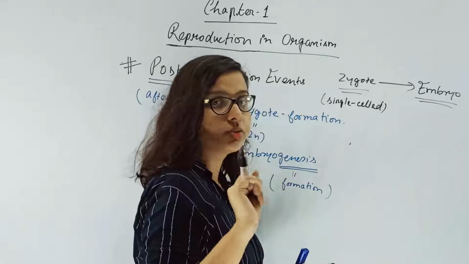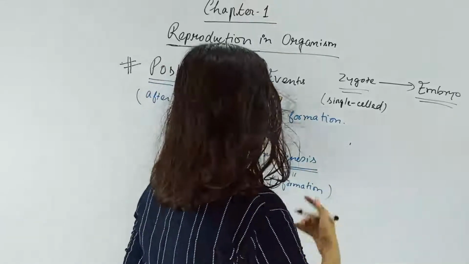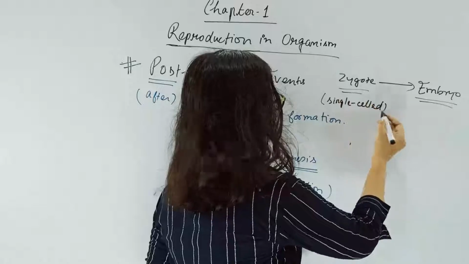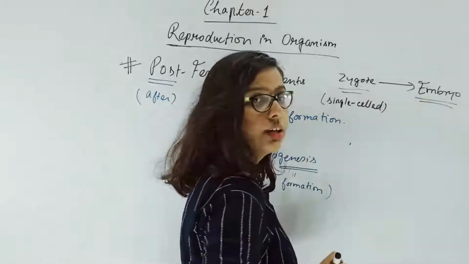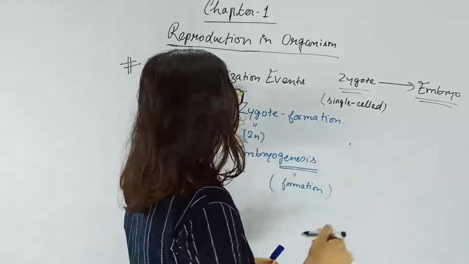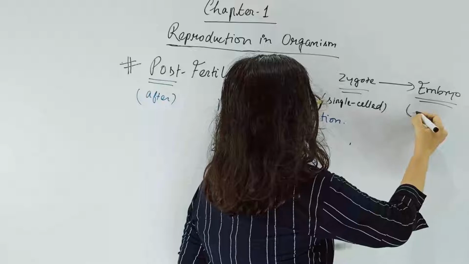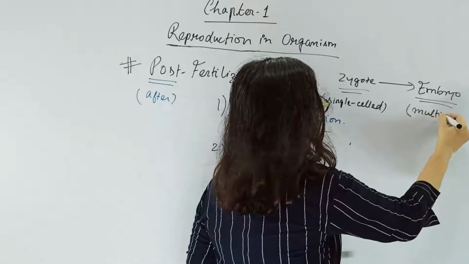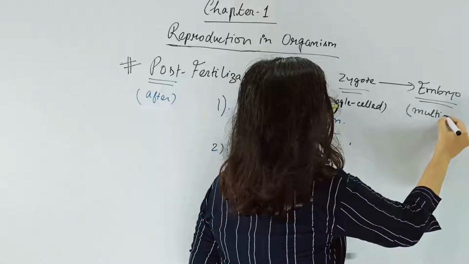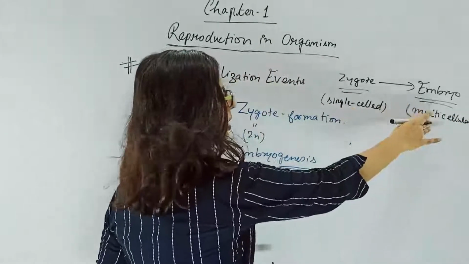At first we were just one cell. Then later on our body has formed. As you know, the body is made up of cells. So this is single cell, we are multicellular organism. So there has to be the cell division.